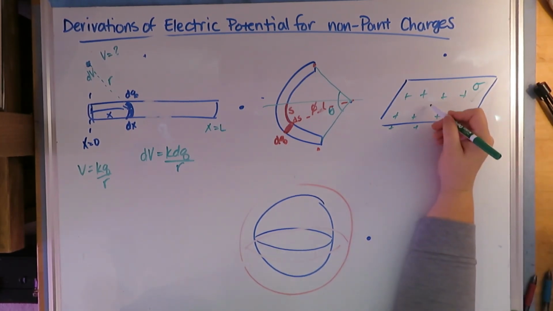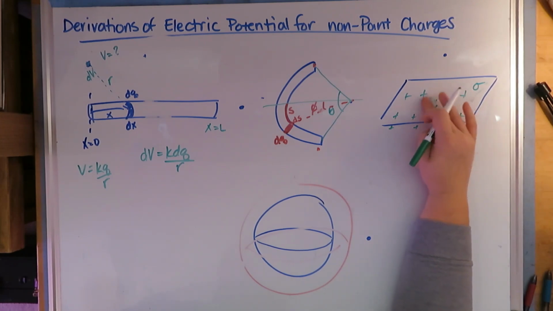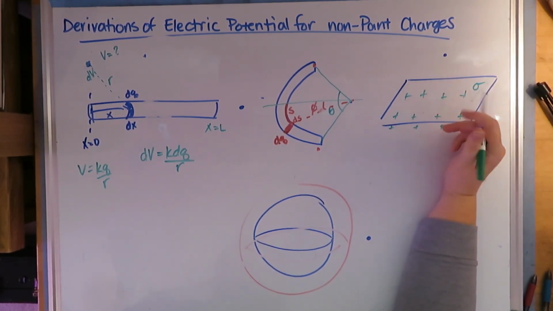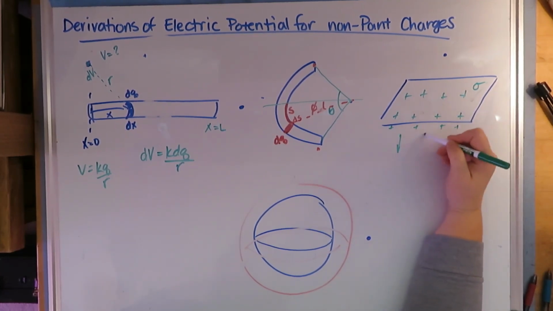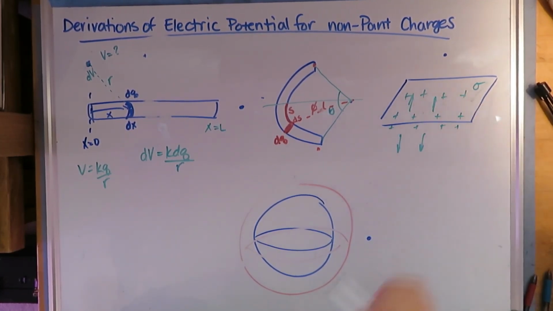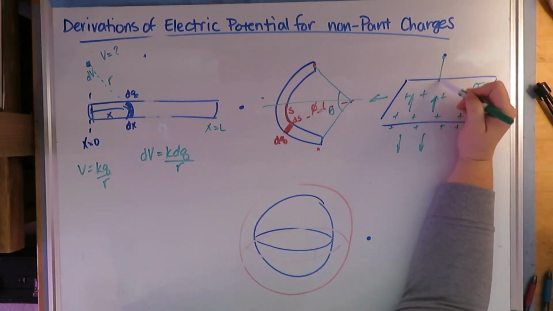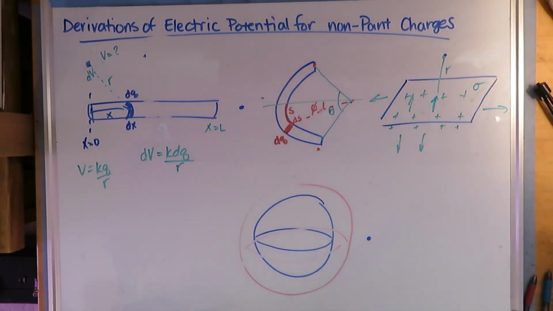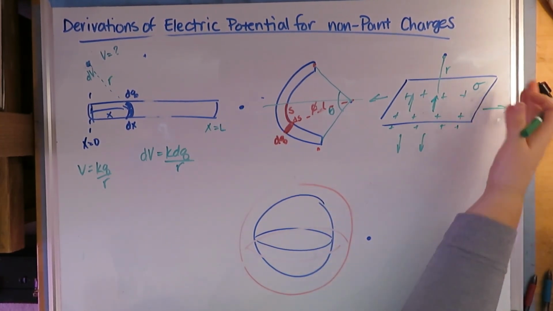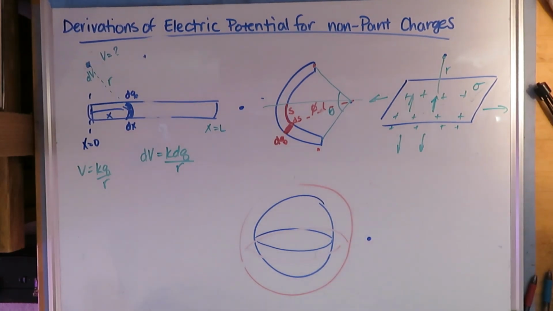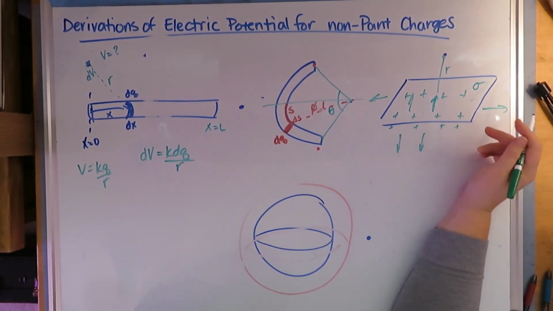I could represent it with Gauss's law, using a little rectangular prism here. And I've considered that the electric field would go out in opposite directions. If this was a very large sheet compared to whatever radius r or position y or whatever that distance is from that point, then I can assume that it's uniform and I could ignore edge effects, which is what you're mostly going to do.